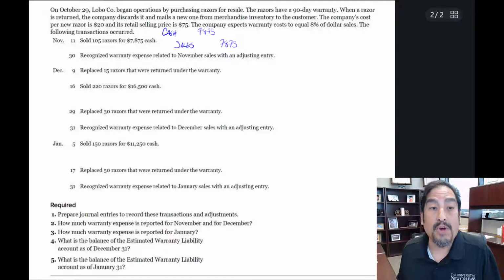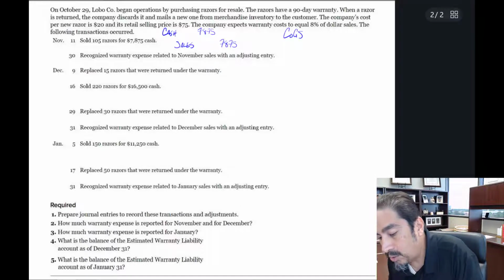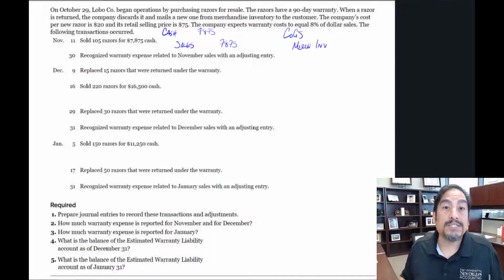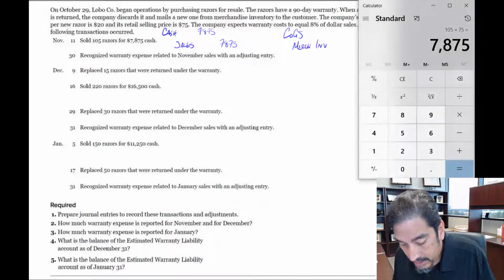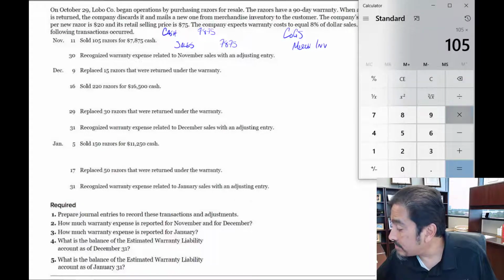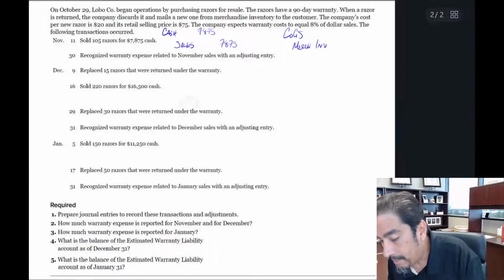Now we need the cost piece. So we are going to debit the expense account called cost of goods sold, and we're going to credit the asset account called merchandise inventory. The cost is not told to us. We do have to calculate that. 105 razors at $20 each, so $2,100.